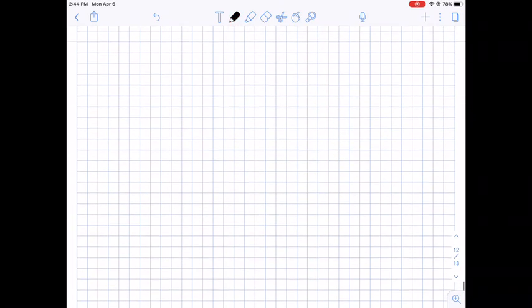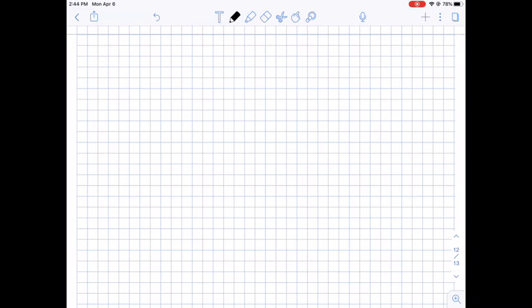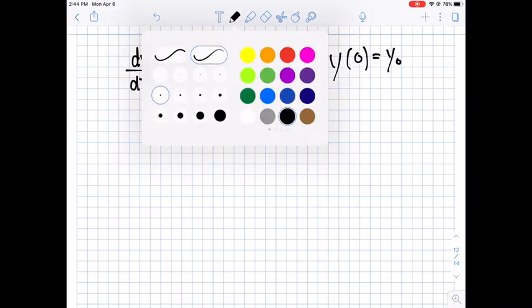So let's set it up. We have here dy/dt is a constant multiple of y. We are also given here an initial value. So we have that y at time t equal to 0 is equal to y naught. And so here, let's deal with our differential equation.